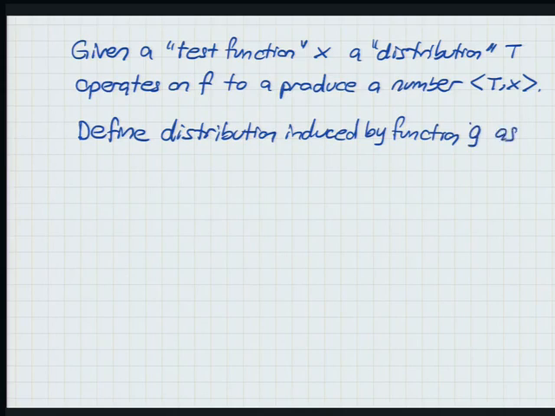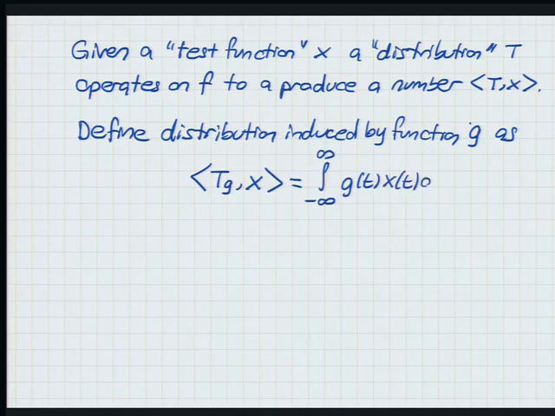as t sub g. The sub indicates that this distribution t was somehow defined by a function g, and I'll tell you how we are doing that right now, in the following way. Integrate g of t with x of t from negative infinity to infinity.